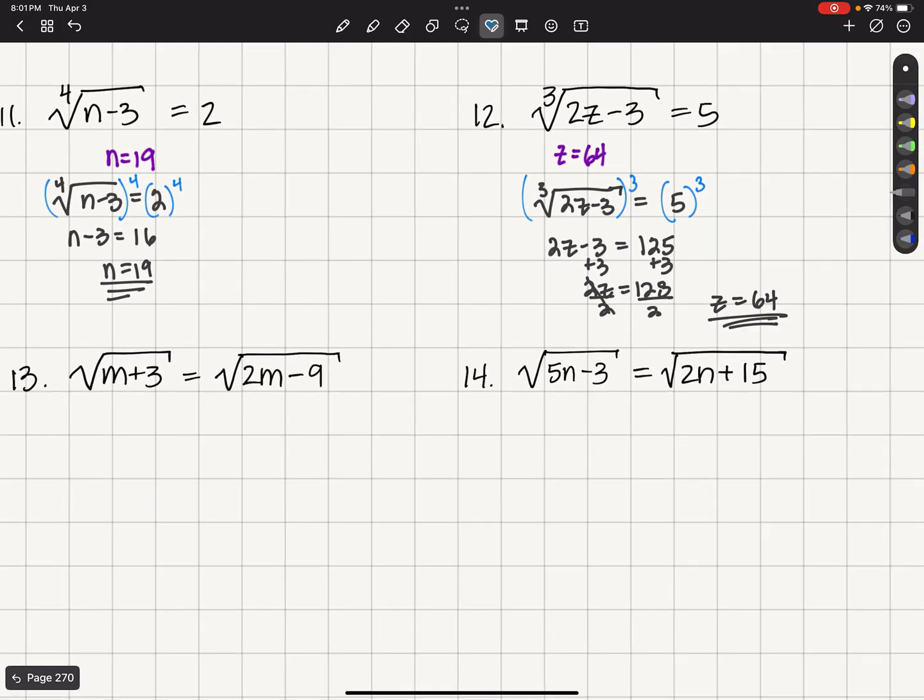Now, the one on the left, number 11, we need to check to make sure we don't have a negative, because the radical can't be negative, so we need a non-negative number. So I need to make sure that when I put a 19 in, I'm getting a non-negative number. So 19 minus 3 is not negative. Yay. As long as we don't have a negative, that's going to work. Now 64, do we even need to check it? The answer to that would be no, because it's an odd index.